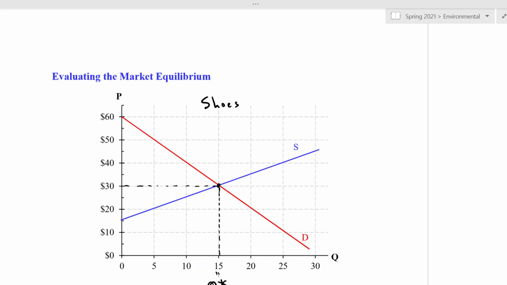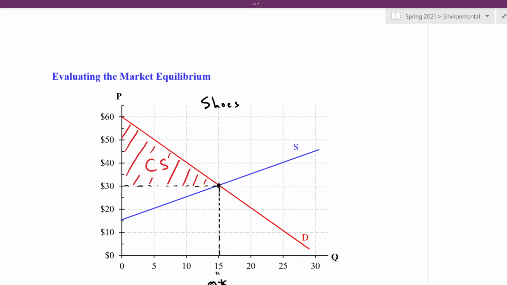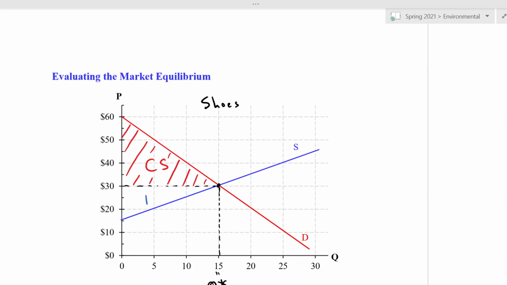And so the question is, is this allocation efficient? So we can look at what's our consumer surplus here. Remember, it's the area under the demand curve, but above the price. And producer surplus is the area above the supply curve and below the price.